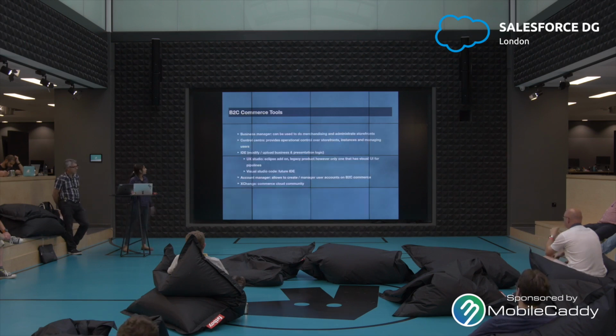These are the available tools provided by Commerce Cloud. First one is the Business Manager. It's like an admin console where you can do the administration for the sites or merchandise your sites. And the Control Center is only for the operations team, where they can control your sites or manage the users. Earlier, they used to support only Eclipse.